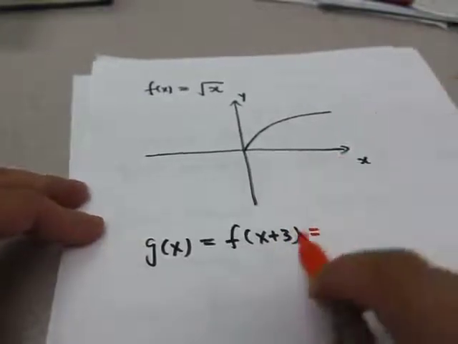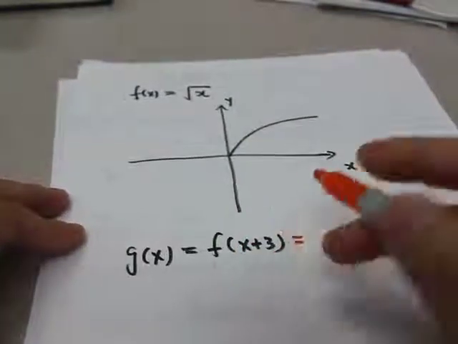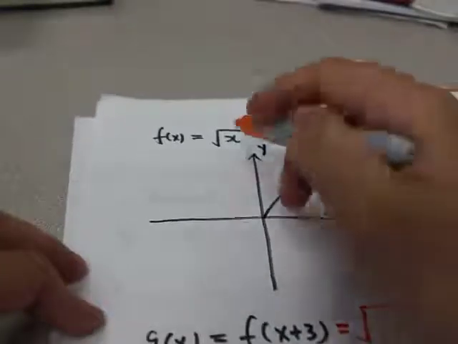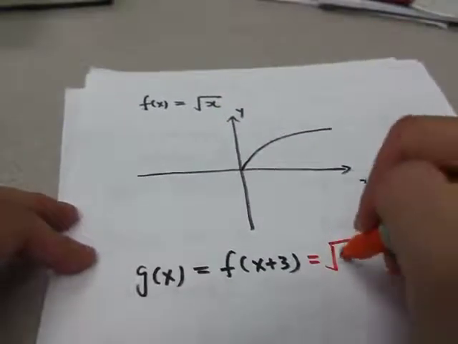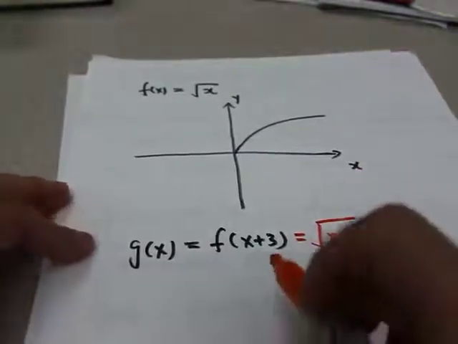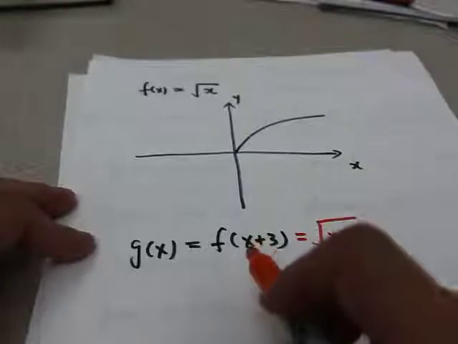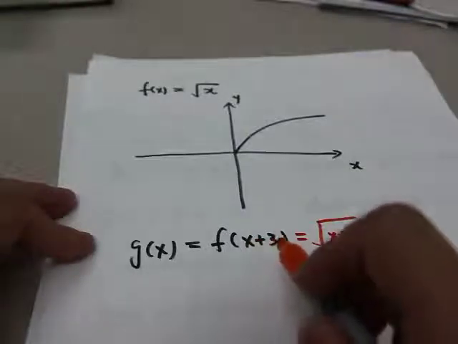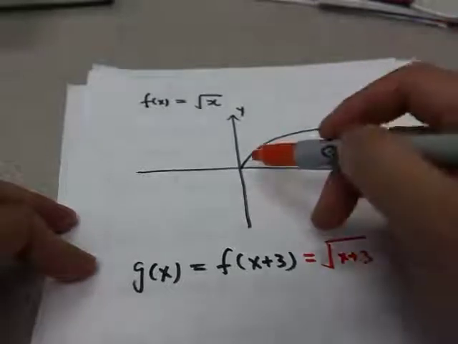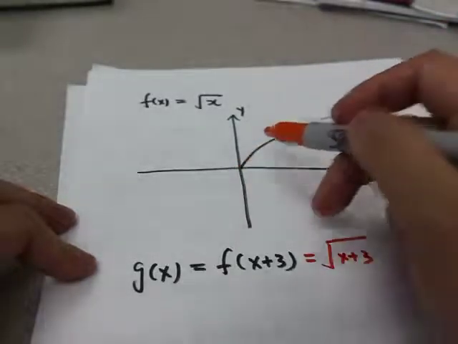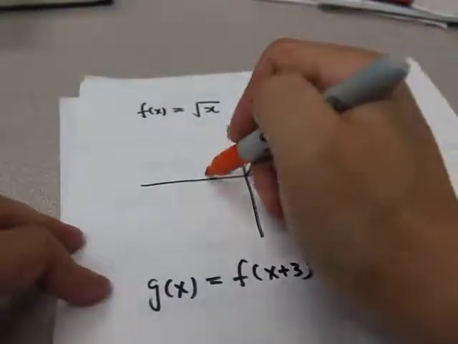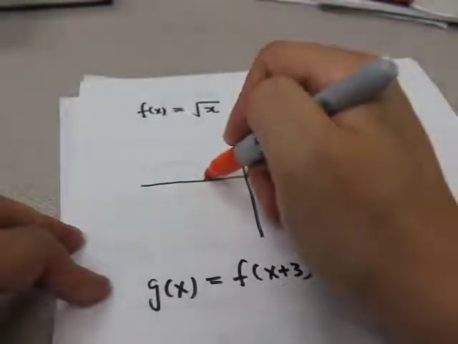If we write down the expression of this function, it will be the square root of x plus 3. Since we are adding a positive number to x, according to what we just saw, we should shift the graph to the left for 3 units. So we will get something like this.